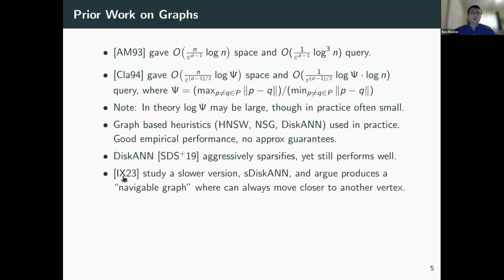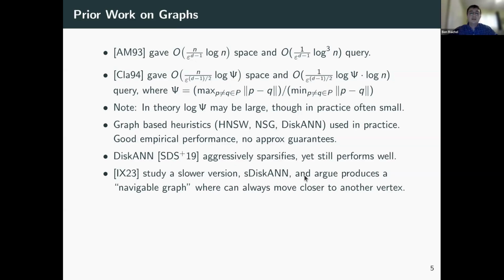So it's maybe a little bit mysterious how that happens. So Indyk and Xu a couple years ago tried to bring some theory to this problem. So what they did is they considered a slower version of DiskANN. So this is different. It's not the same algorithm. It's inspired by it. It's quite close. So let me put this S in front of DiskANN to denote that this is the slow preprocessing version.